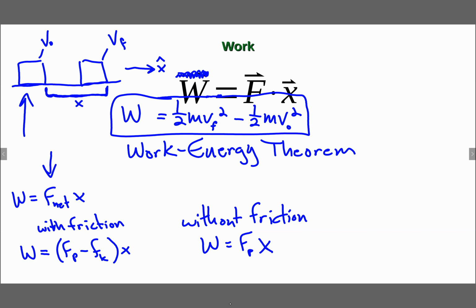It may have multiple terms, like our example with friction, or just one term, like this example where we move the block without friction. But I can use this net force times the displacement to get the work, and then I can use the work energy theorem to find the change in the kinetic energy of the object.